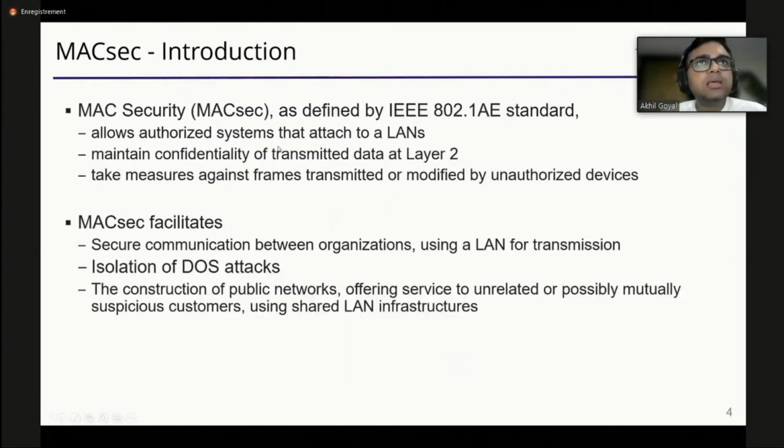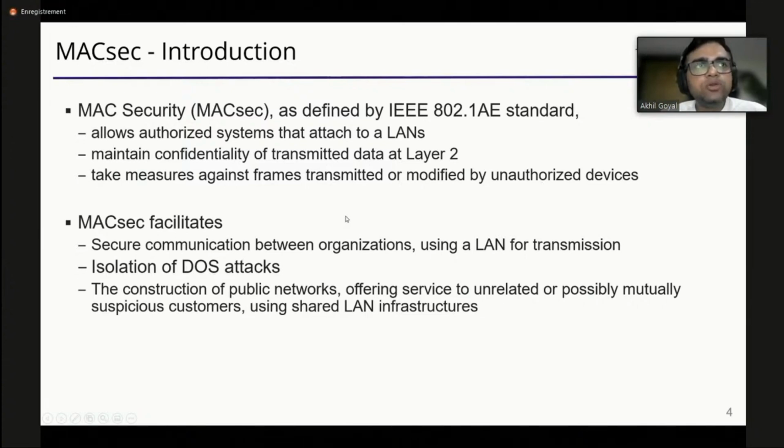MACsec is defined by IEEE as the 802.1AE standard, and it allows authorized systems that attach to a LAN to maintain confidentiality of transmitted data at layer 2, similar to what IPsec does for layer 3. It takes measures against packets which are transmitted or modified by unauthorized devices or users.